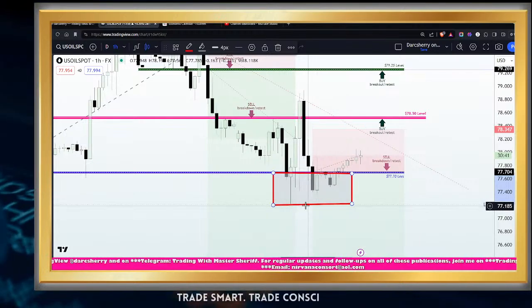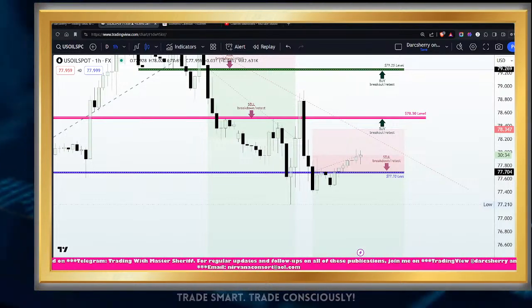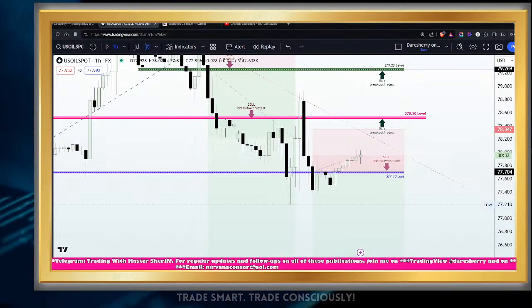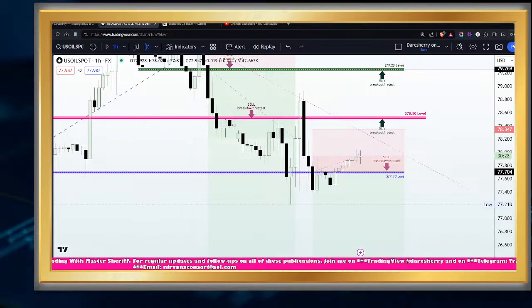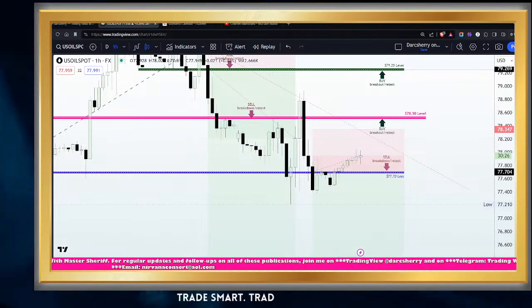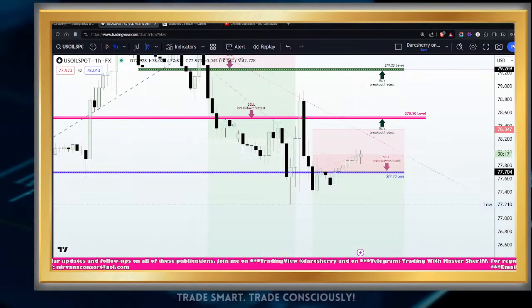So what are we looking at for today? In order to position ourselves strategically for the next move, it's very pertinent that we also understand the psychology or the fundamentals that are driving the current market sentiment. Now, concerns about demand are dragging down crude oil prices due to recent data showing slower economic activity in the United States.